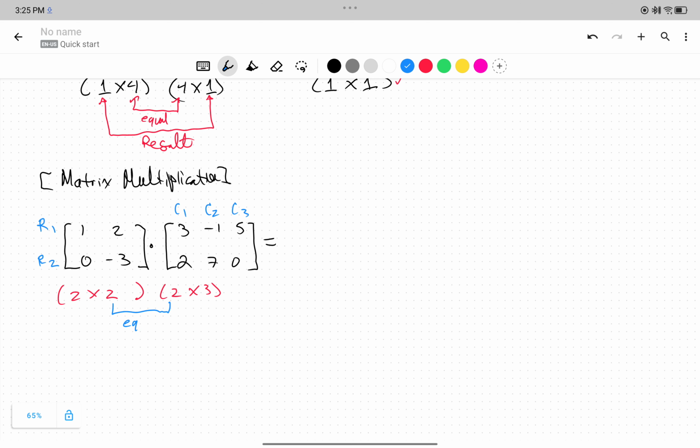They have to be equal. But the outer numbers are going to tell you what the result is going to be. So my result is going to be a 2 by 3. So if it's a 2 by 3, well, let's do it this way. That means 6 slots or blanks.